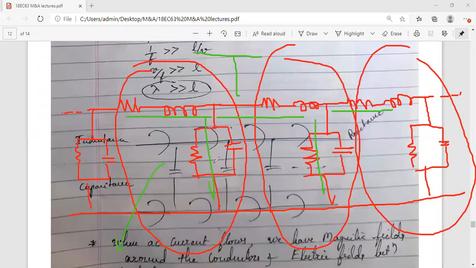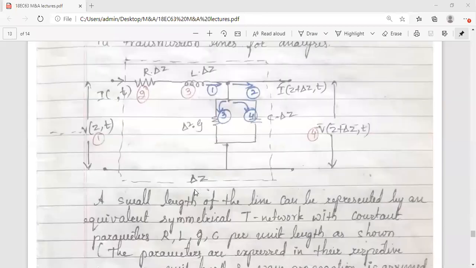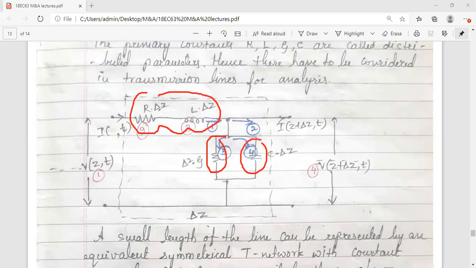So now you got it, the 4 parameters. The smaller round that I circled here, this circle I will consider for my transmission line analysis. With this, now you will understand this particular figure. The same figure I have drawn here. You can observe there is a resistance, an inductance, a conductance, and a capacitance.